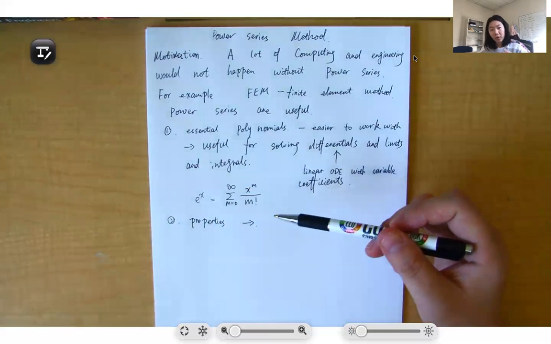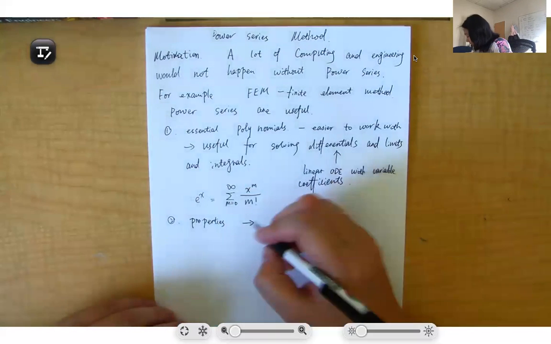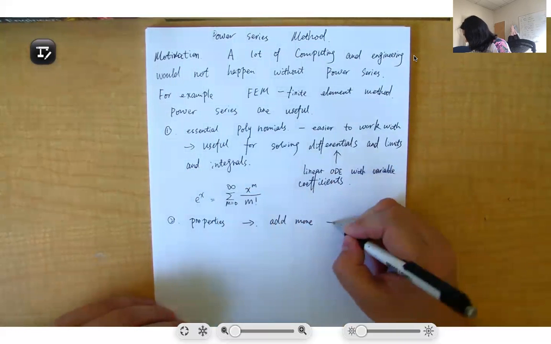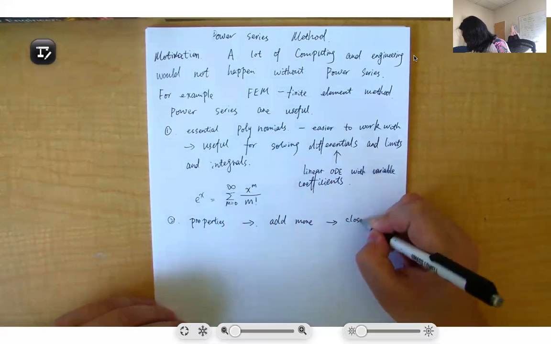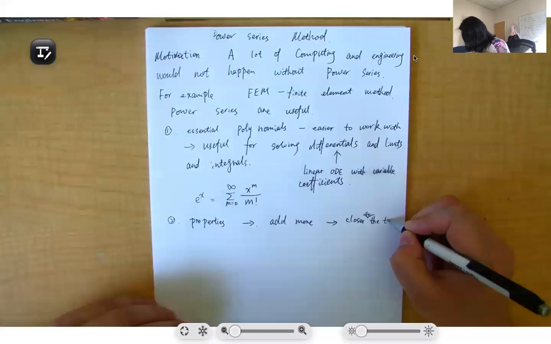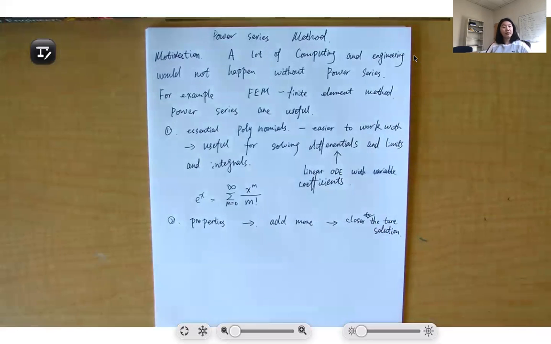And if you add more terms, it will be closer to the true solution. You can think about this, add more terms and it will be closer to the true solution. In programming, it's kind of like a for loop or while loop. And when you do a loop in the program, it's very easy to deal with.